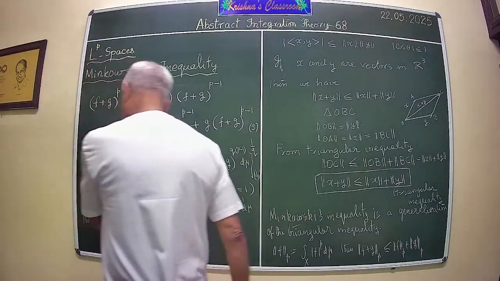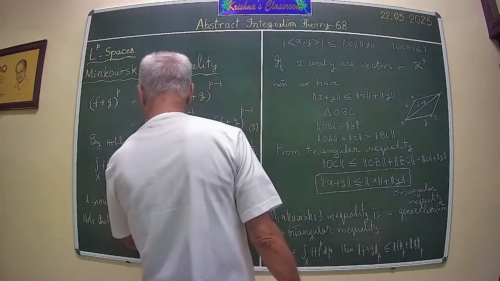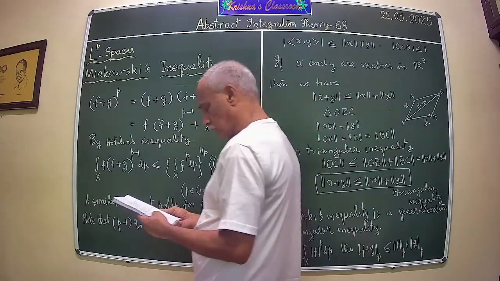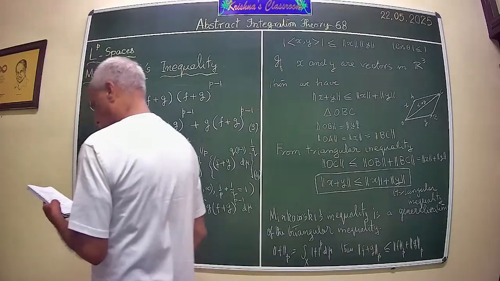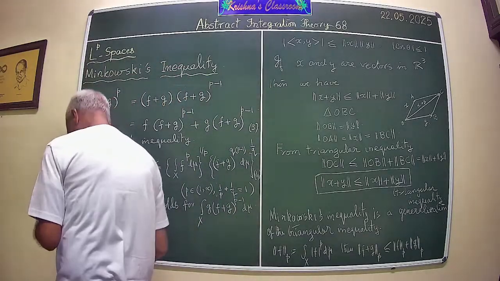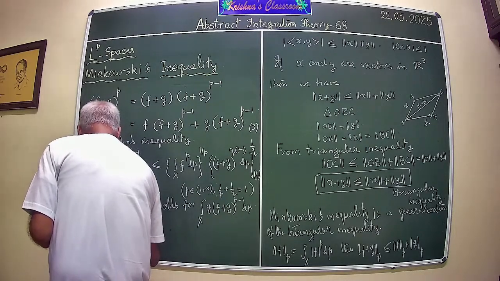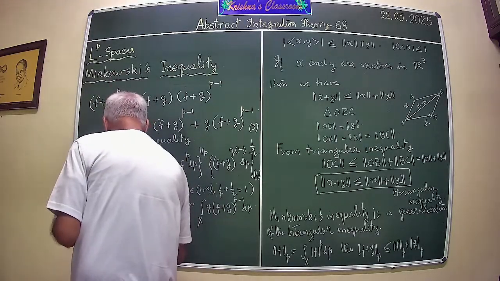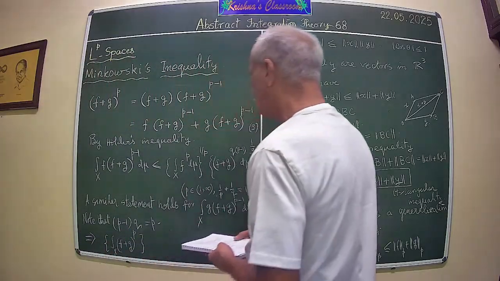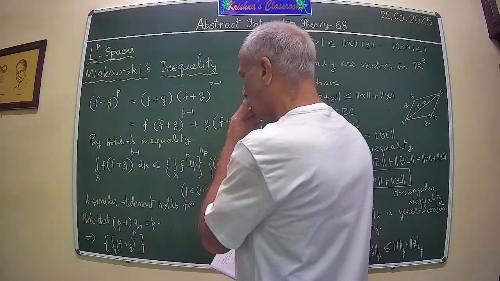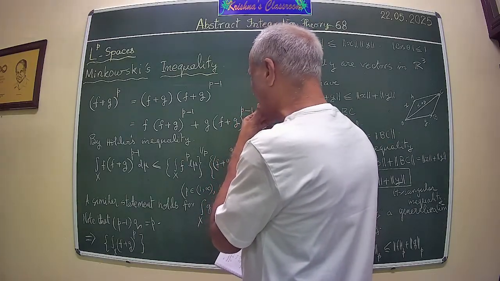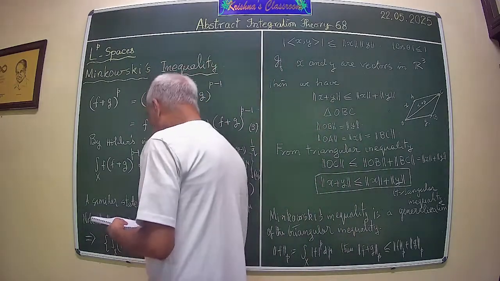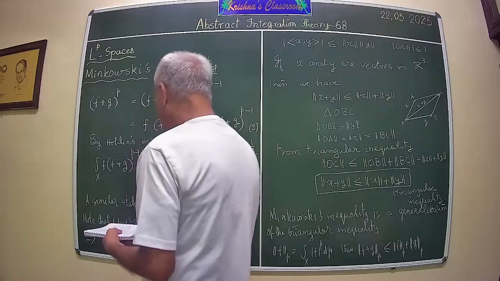This is essentially 1 by p plus 1 by q equal to 1, so you get pq equal to p plus q, and from that you get, so that implies 1 minus 1 by q is 1 by p.